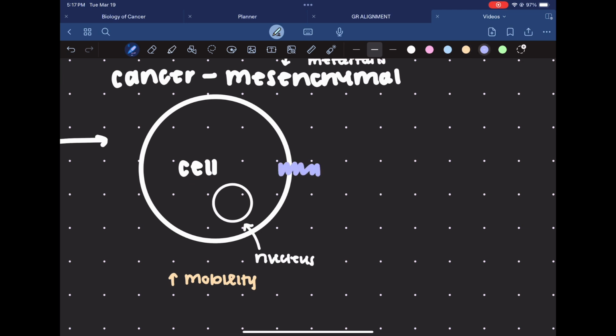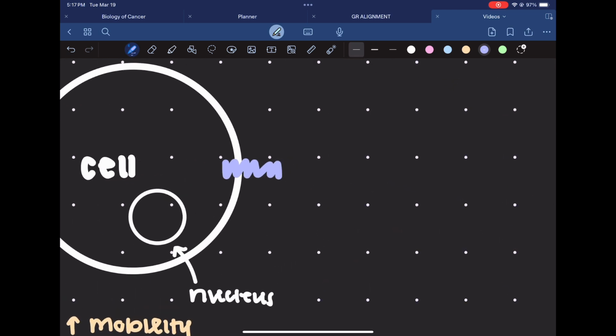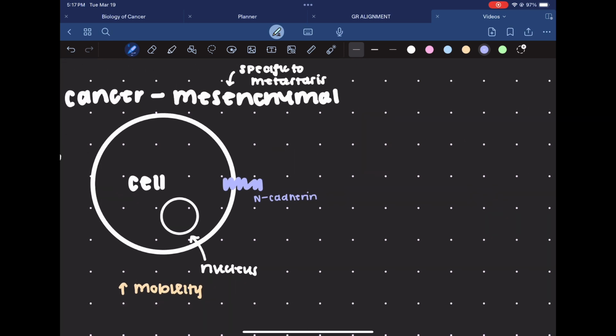So there's going to be a decrease in E-cadherin production, and instead we're going to make something called N-cadherin. N-cadherin is going to be responsible for allowing different mesenchymal cells to communicate.